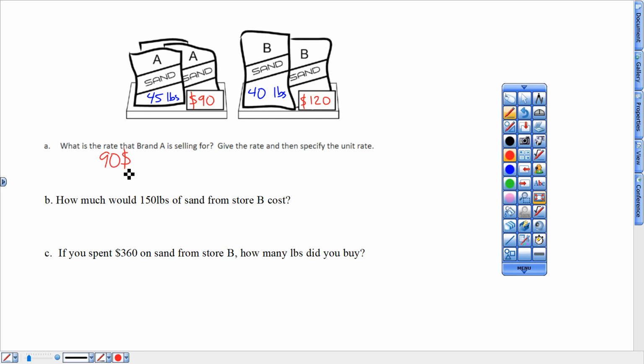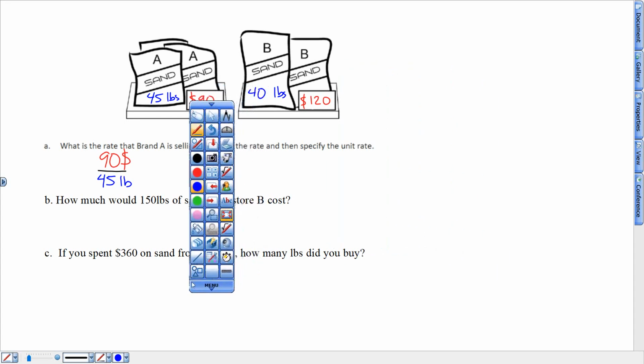We always put money on top over the number of pounds. And again, it's always money on top. Dollars per hour, dollars over hour, dollars over dog, dollars over boat, dollar over bike, whatever you're buying, dollars per whatever you're buying. That's how it's going to be set up in your world.